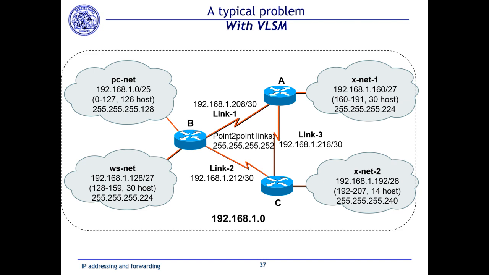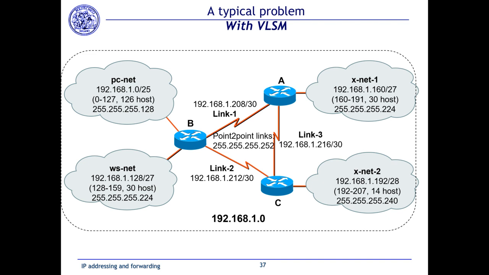You can see that we have the blocks assigned to the 4 LANs and to the point-to-point links. For each block, here you have reported the network prefix, actually the subnet prefix. So, for example, for PCNet, the subnet is 192.168.1.0/25.